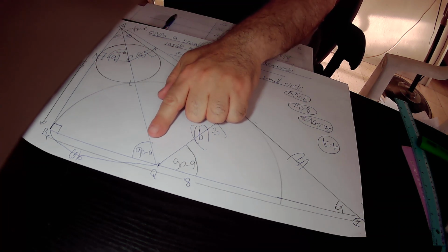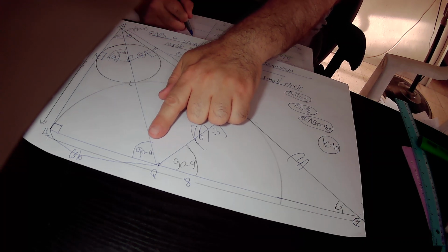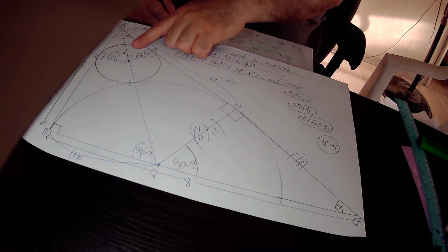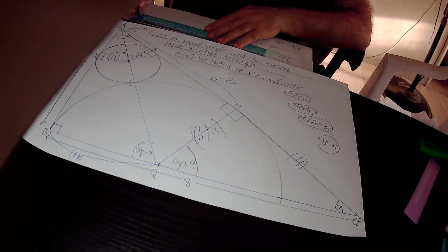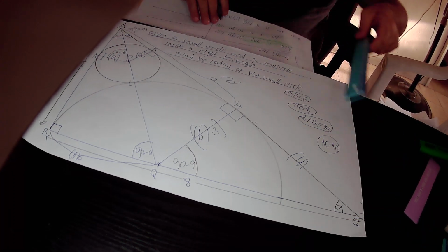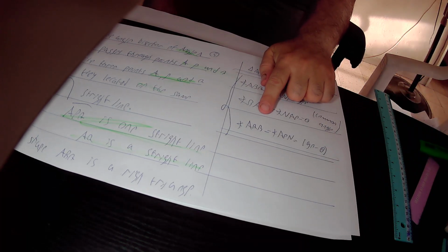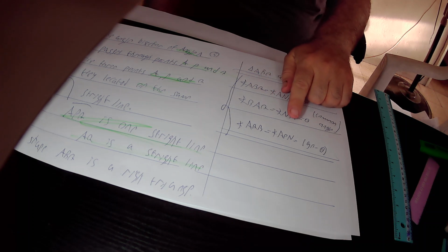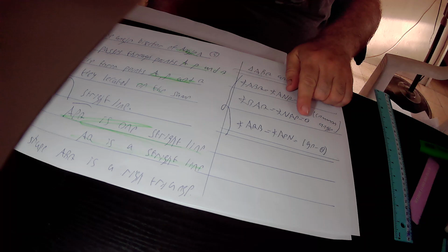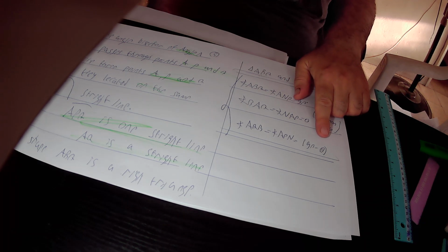So actually, this is angle AQB in the big right triangle ABQ, and it is equal to this angle, that is angle APN in the small right triangle ANP. Repeat again, angle AQB in the big right triangle ABQ equals angle APN in the small right triangle ANP. They are both equal to 90 degrees minus theta, therefore they are equal to each other.